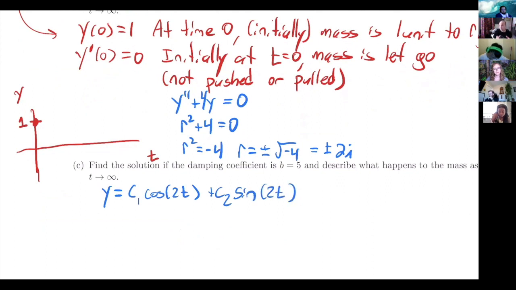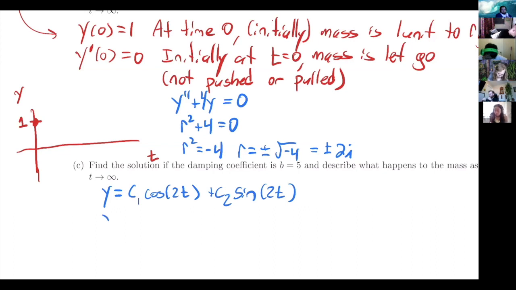Okay, so here the alpha value is 0, so we actually have e to the 0, which is 1, times cosine of 2t, and e to the 0 times the sine of 2t. That's right. So we get just these purely trig functions here, no exponentials.